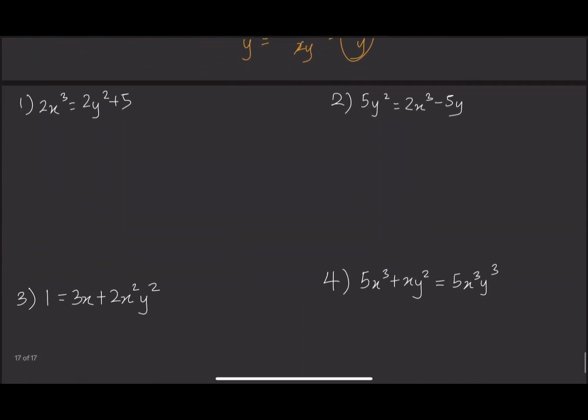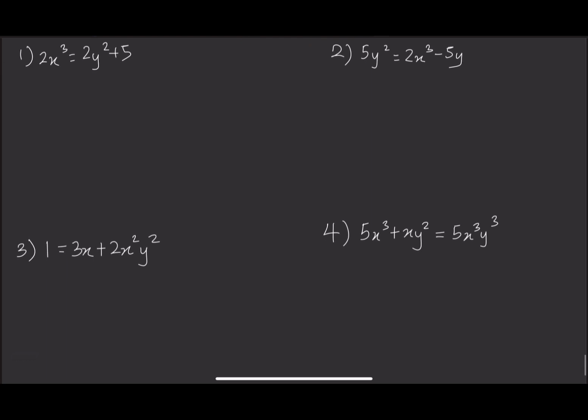Now, let us try more challenging implicit differentiation questions. For the first question, d/dx of 2x cubed equals d/dx of 2y squared plus 5, d/dx of 5. I prefer to write it this way. You can choose not to if you are more advanced, but it makes sure that you are not making any mistake, right? So 6x squared equals 4y, remember, y prime, plus 0.